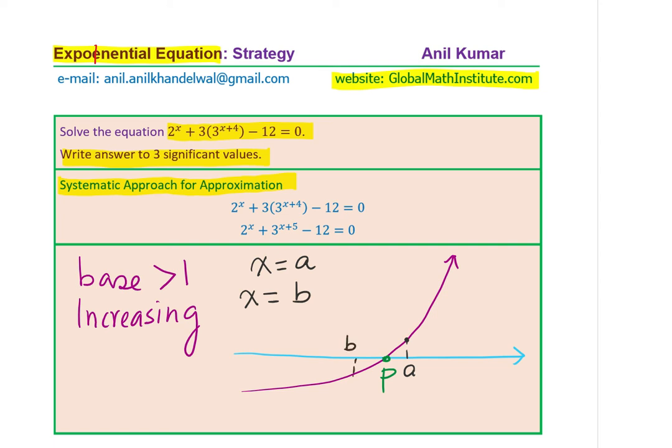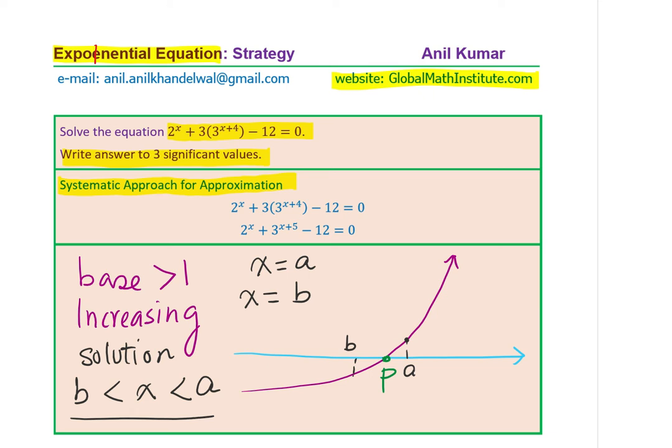So once we get these two values, a and b, then we know that the solution is somewhere between a and b, correct? So we know that the solution is somewhere where the x value is greater than b but less than a.